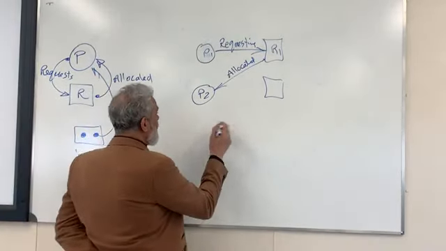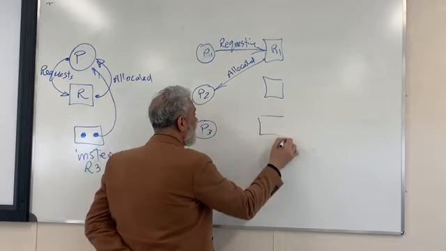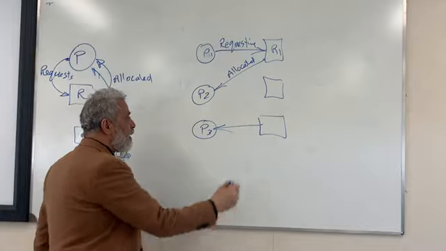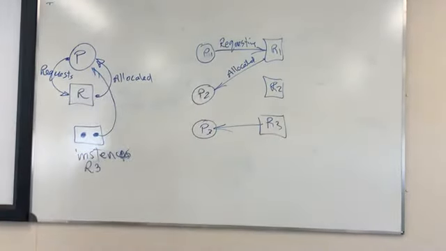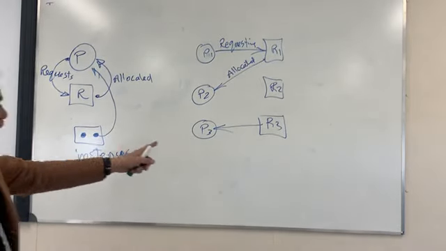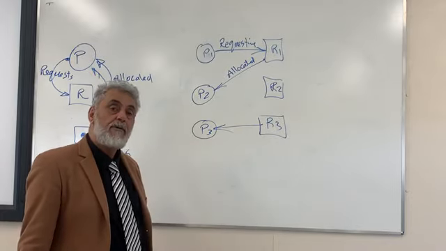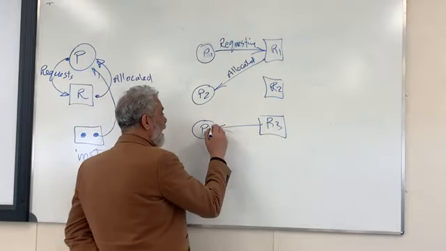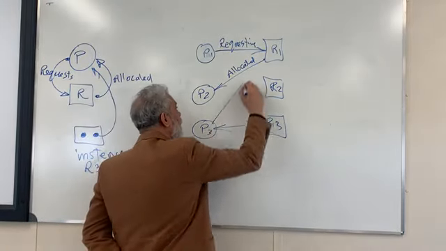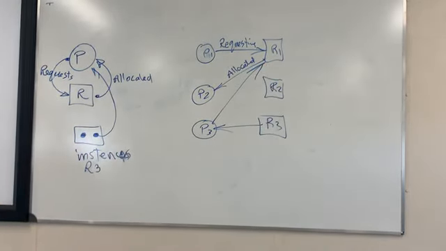So maybe we have another process, process 3, and this is resource 2, resource 3. How would you read this? Resource 3 is allocated to process 3. And let's say process 3 also is pointing at that one. How do you read that?